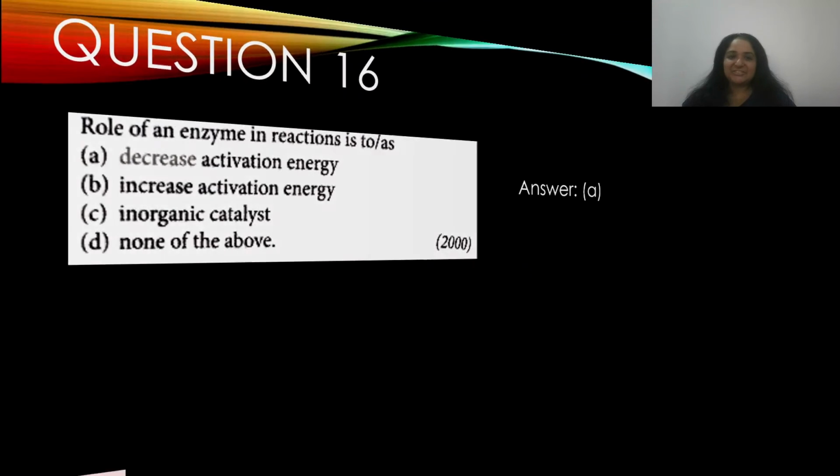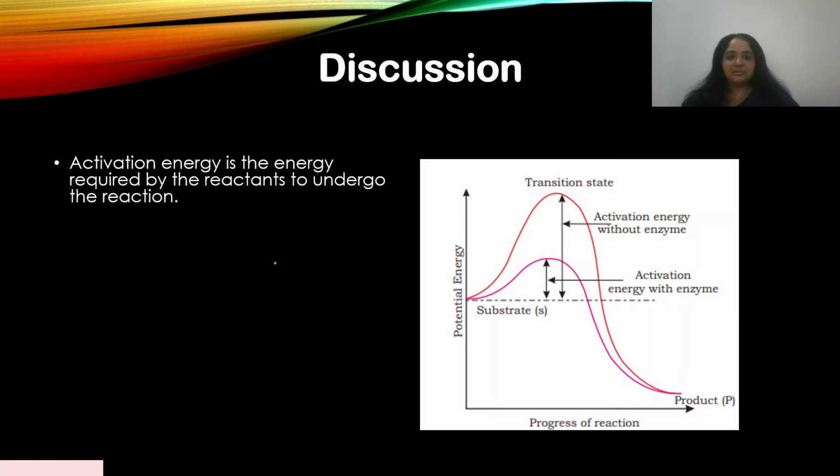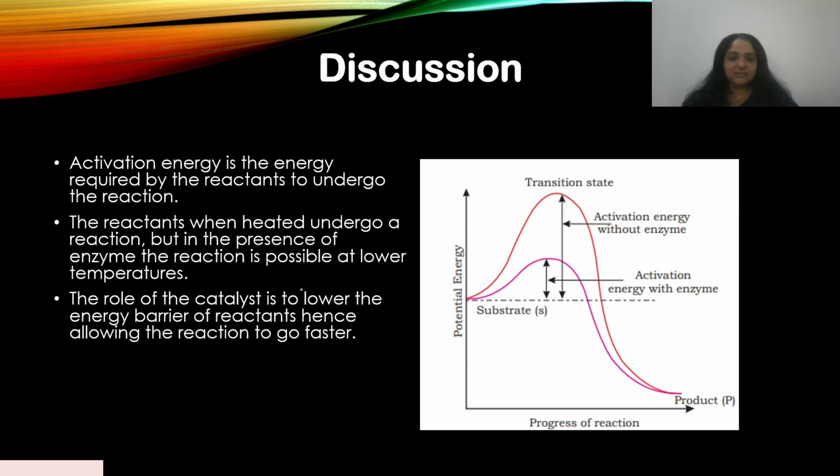We already discussed activation energy before, so it's like the same thing. The role of the catalyst is to lower the energy barrier of the reactants, hence allowing the reaction to go faster.